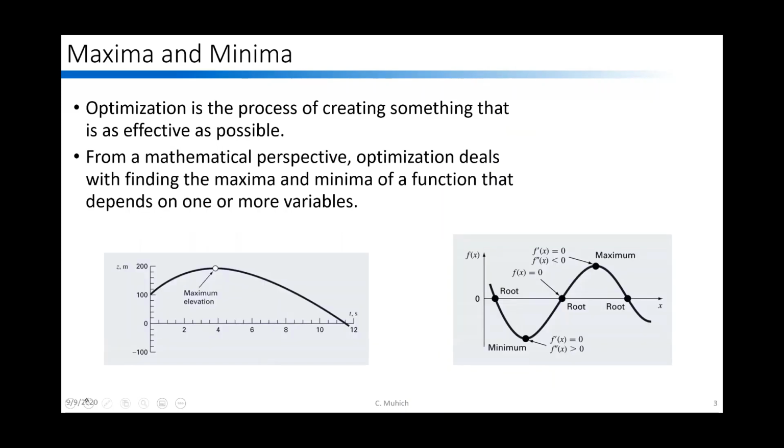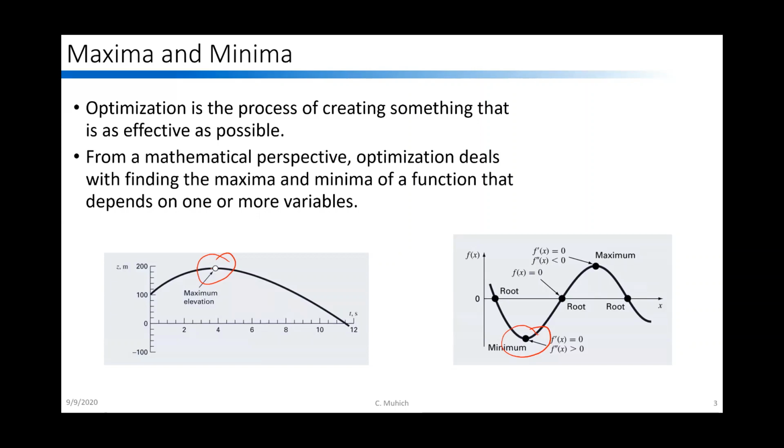Okay, so let's start with what a maxima or a minima is. A maximum or a minimum is the point in the function which is the largest on that set, that would be a maximum, or is the smallest value. And optimization is our process of finding either the maximum or the minimum.